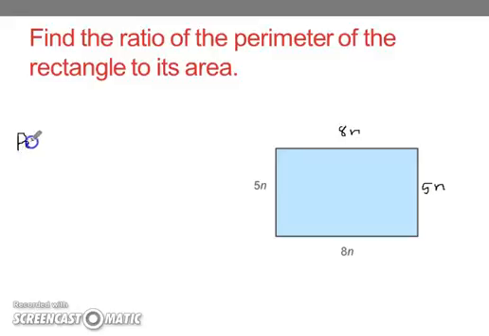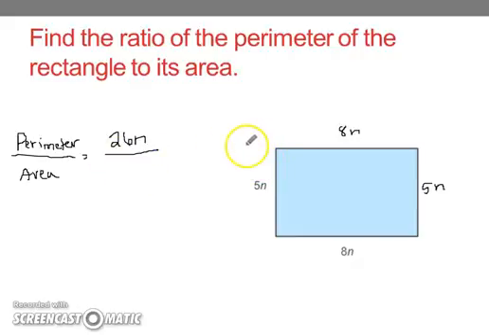So for our perimeter to our area, the perimeter we're adding. 5n plus 5n is 10n, plus 8n we've got 18n, plus another 8n is 26n for our numerator. So 26n is our perimeter, adding all the way around.